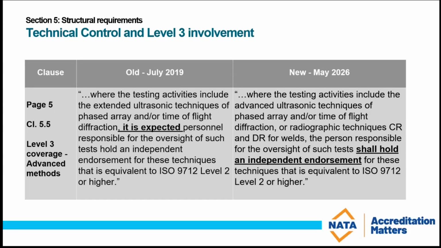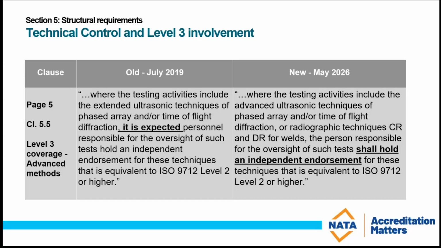Doing good. I just think there are some unintended consequences for the interpretation, just given clause 5.5 there. There would be organisations already in place with a level 3 who's the technical controller for all methods, but they have delegated the specific technical control responsibilities for some of the advanced methods to a person with level 2.